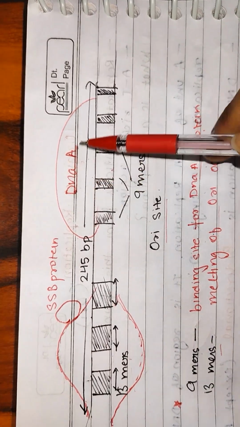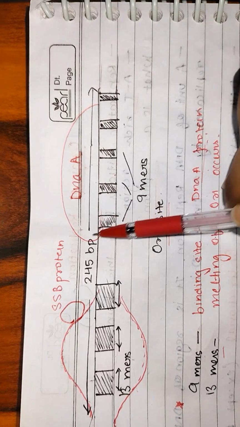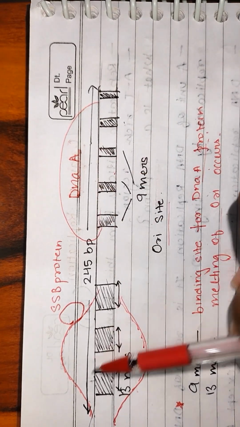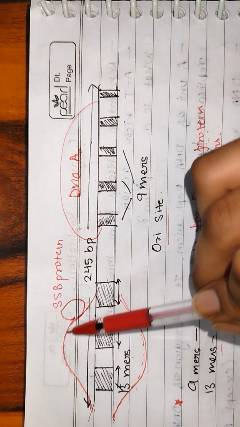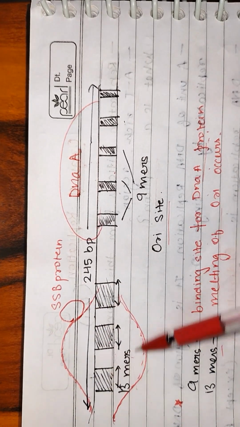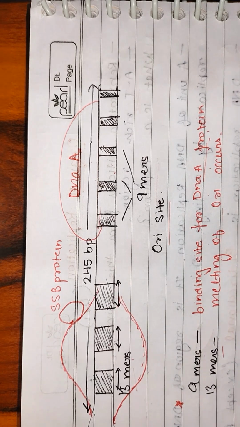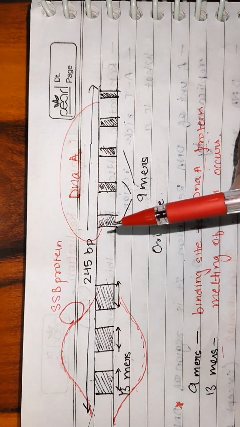For example, this is the 9-mer region, and here the DnaA protein will bind and cause the melting at the 13-mer site, and due to melting there will be breaking of hydrogen bonds and the two DNA strands will be separated.